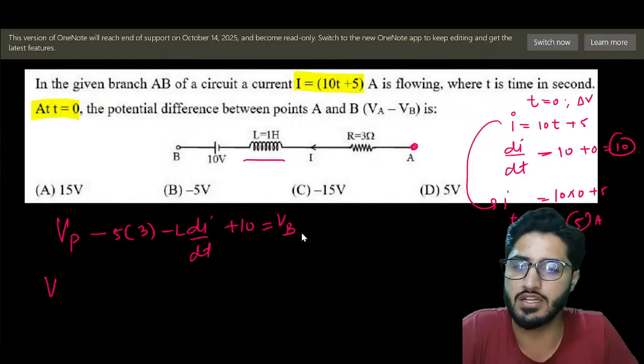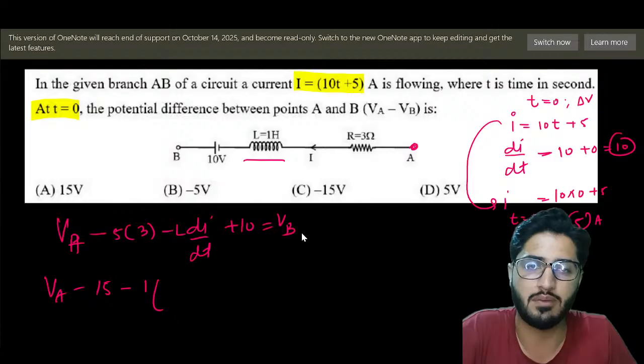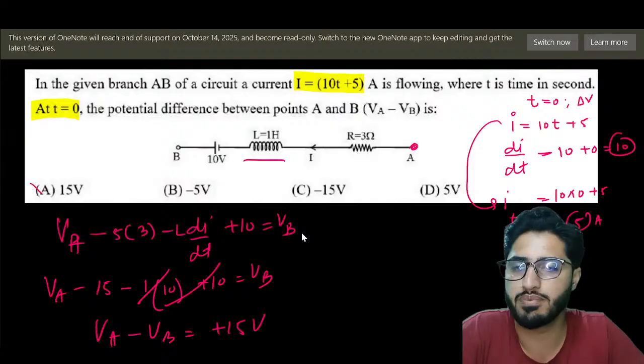So VA minus 15 minus L, L is 1 henry, di by dt is 10, plus 10 equals VB. 10 cancels out. So VA minus VB equals plus 15 volts.